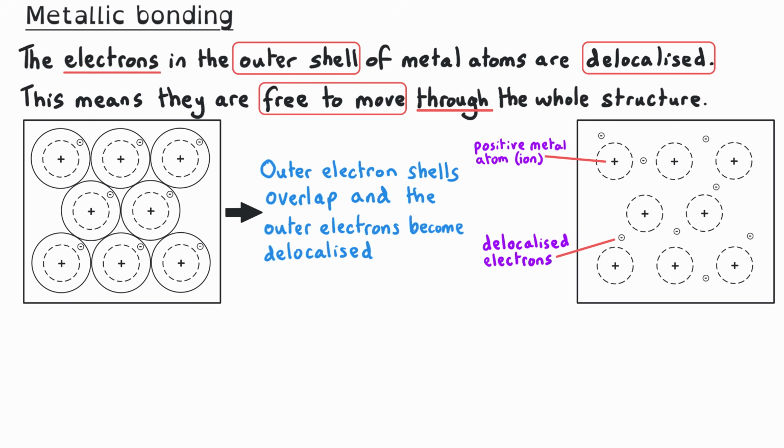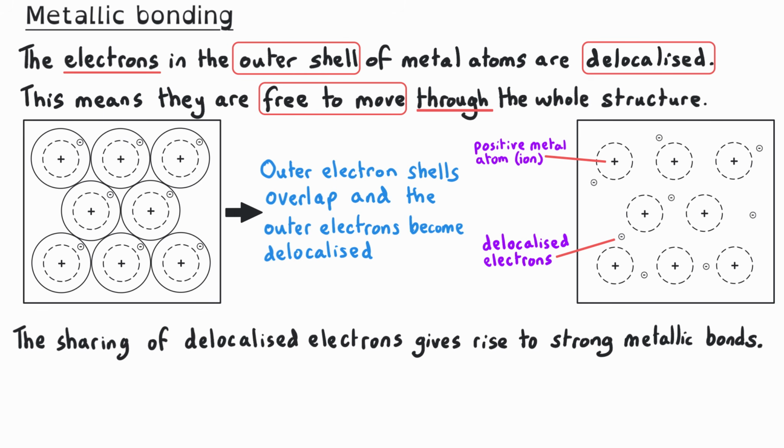These delocalized electrons are free to move through the structure, and so technically they could be anywhere in the metal. And so sometimes we actually don't show those electrons at all. The sharing of delocalized electrons gives rise to strong metallic bonds that hold the structure in place.